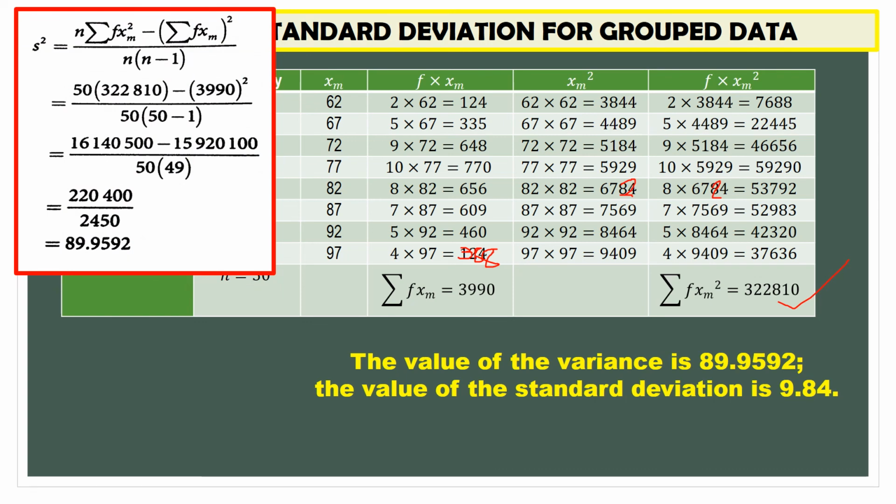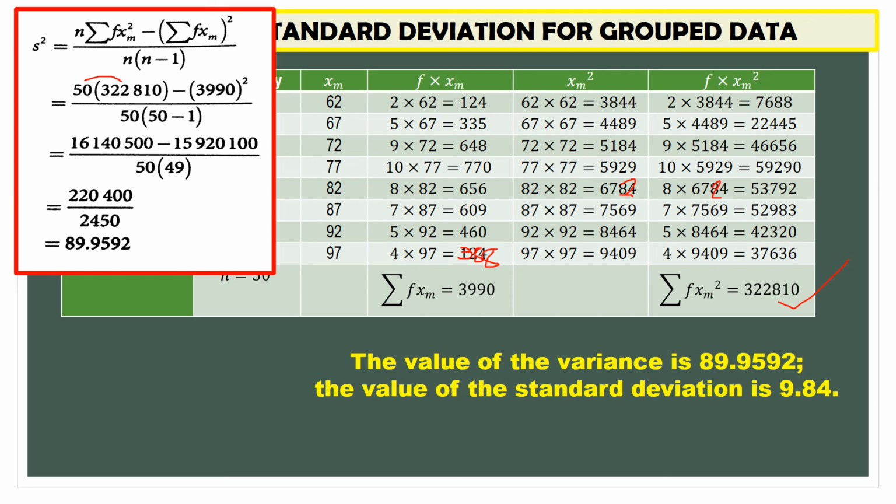Now, this is our solution for the variance. We have n is 50. Open parenthesis, our answer here is 322,810 minus 3,990 squared, all over 50 times 50 minus 1. So, we multiply these two. 50 times 322,810 is 16,140,500.